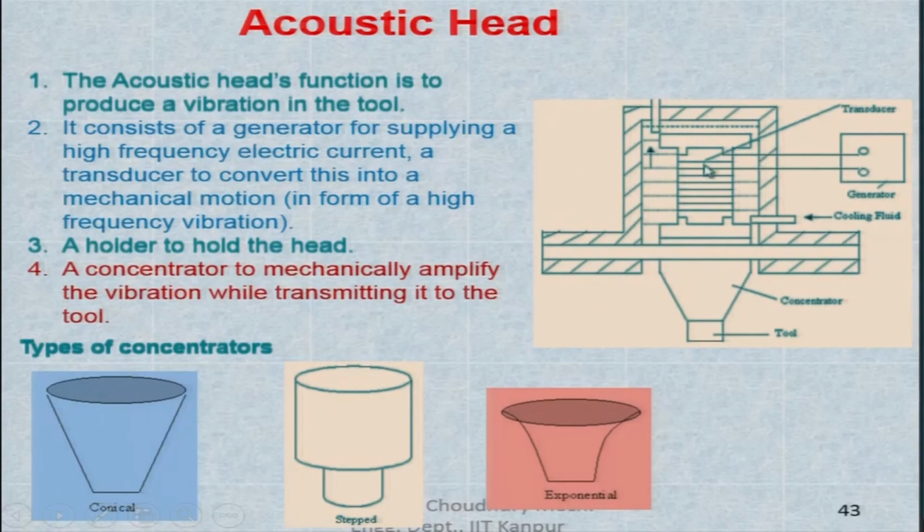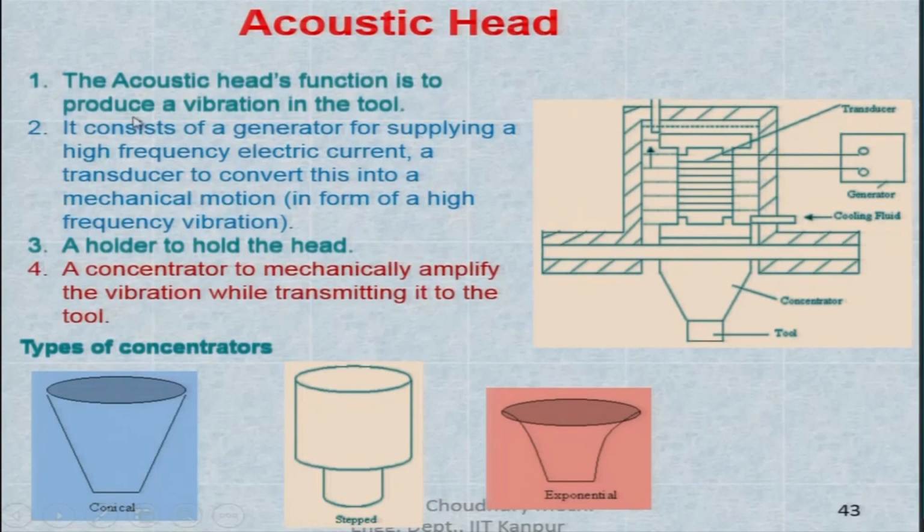This transformer helps in producing the required vibration, which is concentrated and imparted to the tool. Since high temperature is produced, there will be a cooling fluid here, to cool the surroundings of this concentrator, and it is circulated. This is the purpose of the cooling fluid.